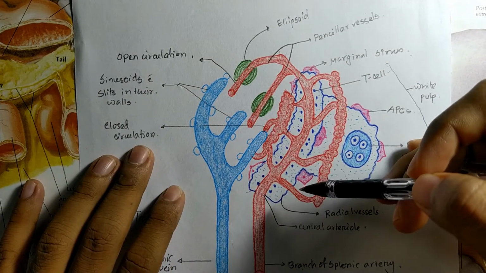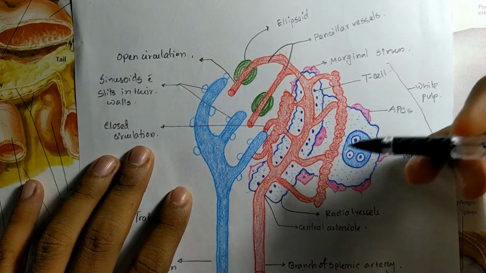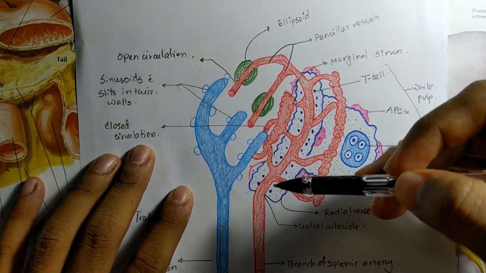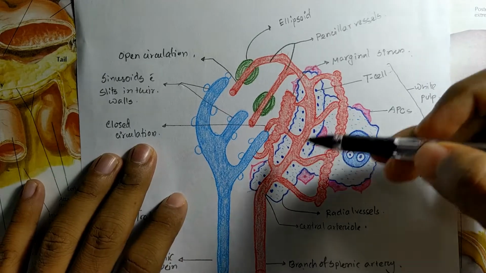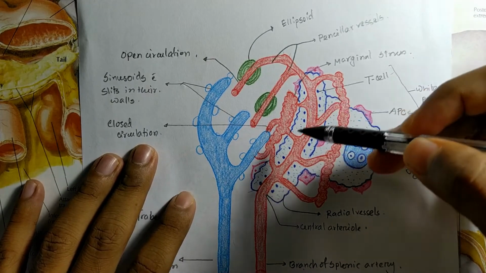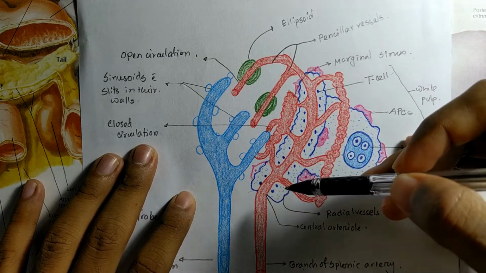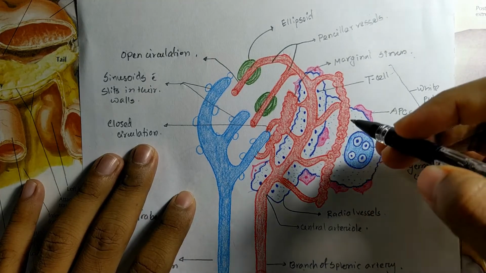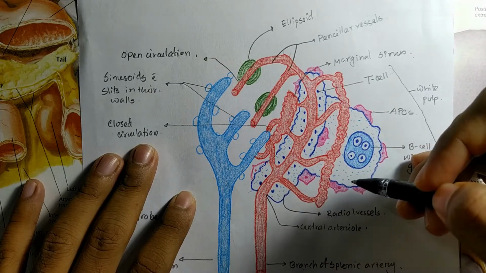It is called the periarteriolar lymphatic sheath. That means these are the lymphatic sheath which is surrounding the periarterial area. So this is called the periarterial lymphatic sheath.